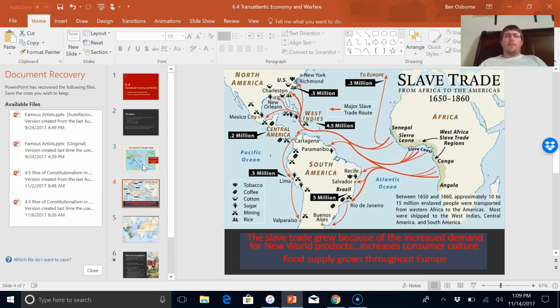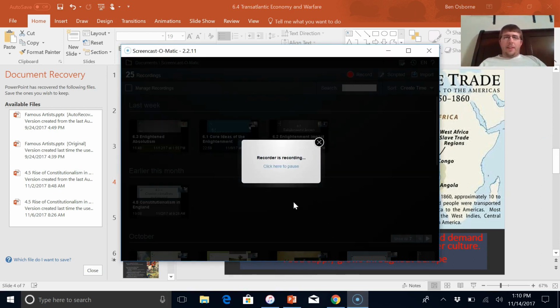Make sure and go back and review Enlightenment ideas. Make sure and understand where you see the Enlightenment in economics, religion, arts. Make sure and understand how certain absolute monarchs say, you know what, I'm going to try this idea out, but also understand the economics of the period and how it develops from exploration and how it will become questioned by the Enlightenment. I think that's all.